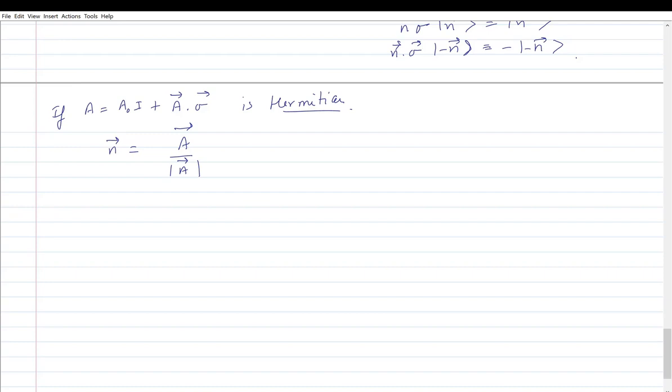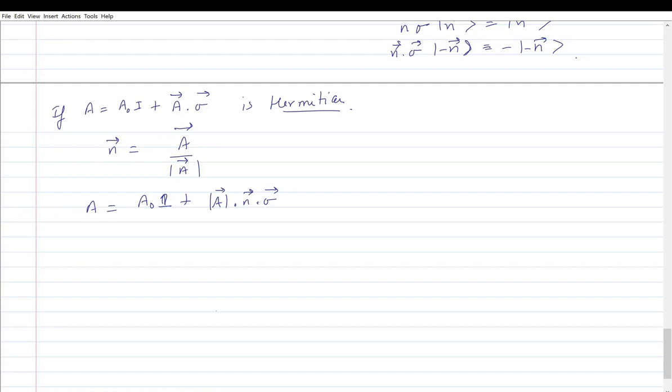And in that regard, I can write the operator A in terms of the unit vector. It's the magnitude of the vector times this guy.